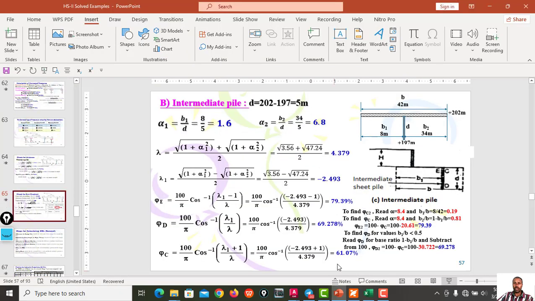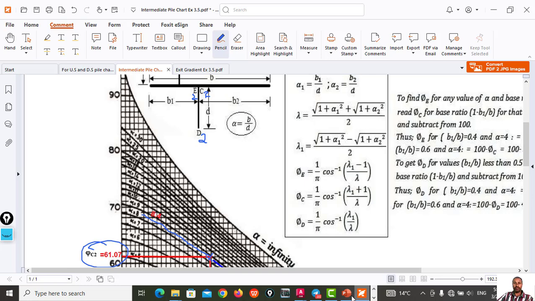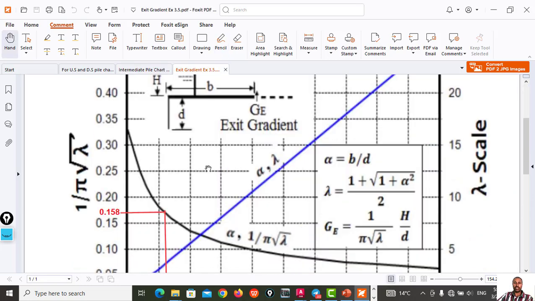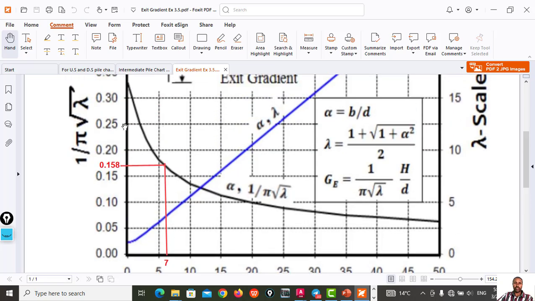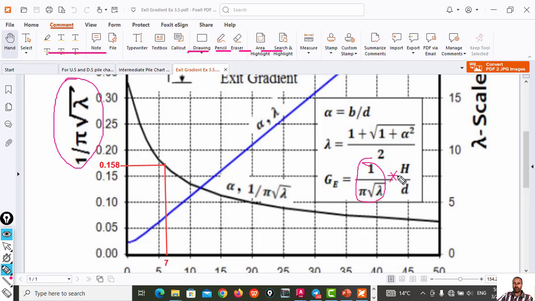So let me show you the exit gradient chart. This is the exit gradient chart. If you calculate 7, you read out this value here. So if you read out 1 over pi square root of lambda, then you put it here and multiply by H over D, then you can calculate the exit gradient.